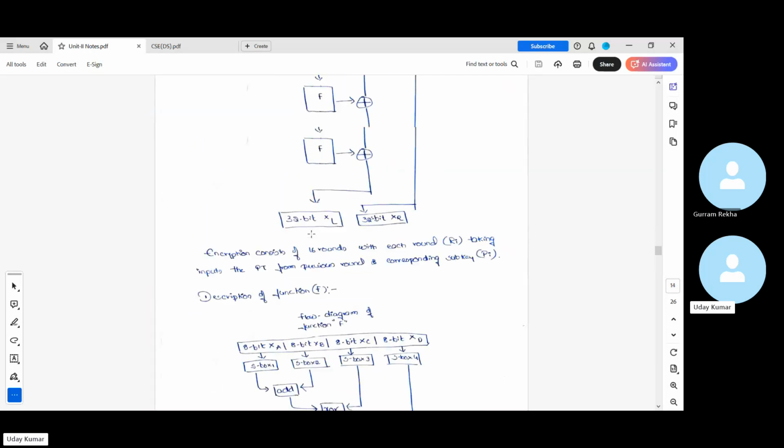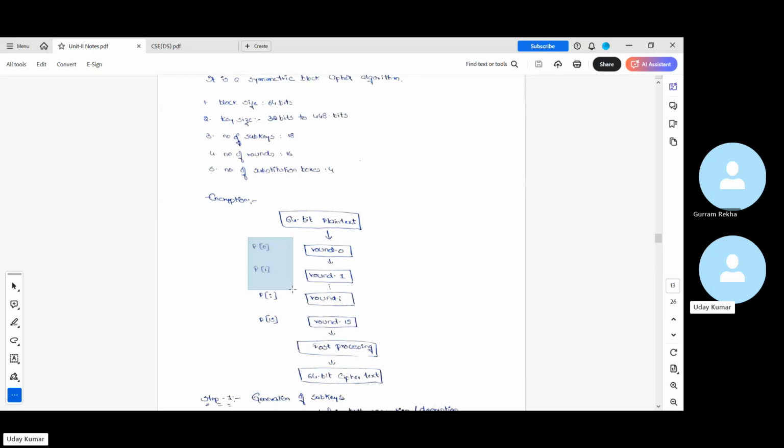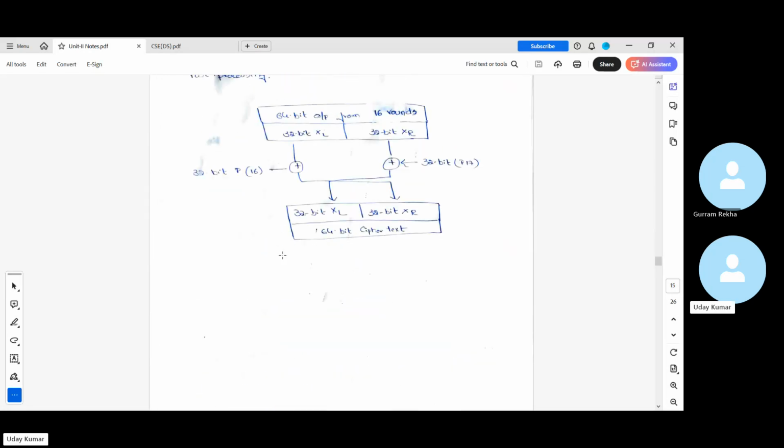So here in the diagram there are 16 keys, but what you have mentioned here is 18 keys, right? So the last two keys, P16 and P17, are used here.